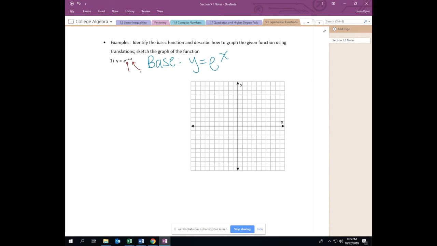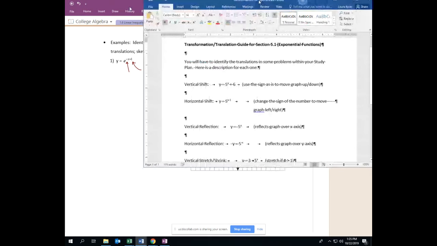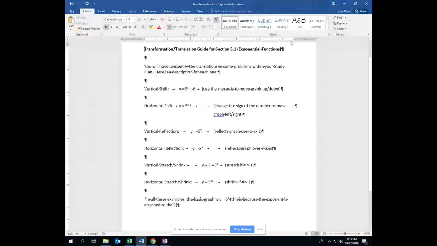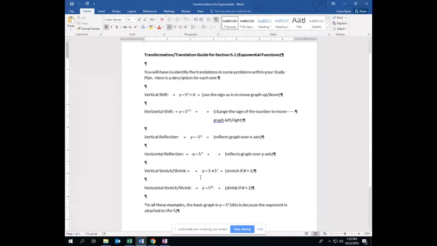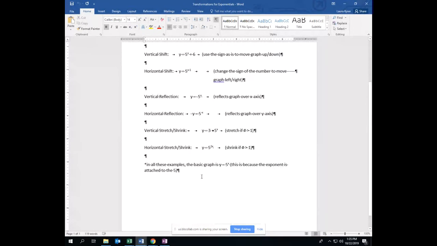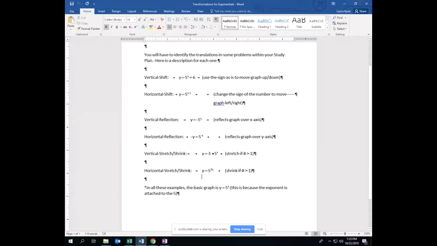So I'm again going to refer back to my sheet. I'm going to bring this over here so we can look at it. Now I had a negative in the exponent and a plus 1 in the exponent. So we are looking here for a negative being in the exponent and something added or subtracted to the exponent.